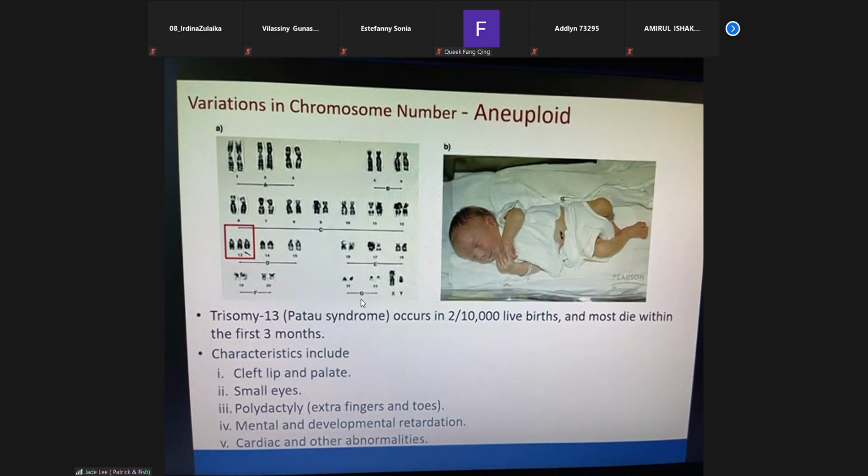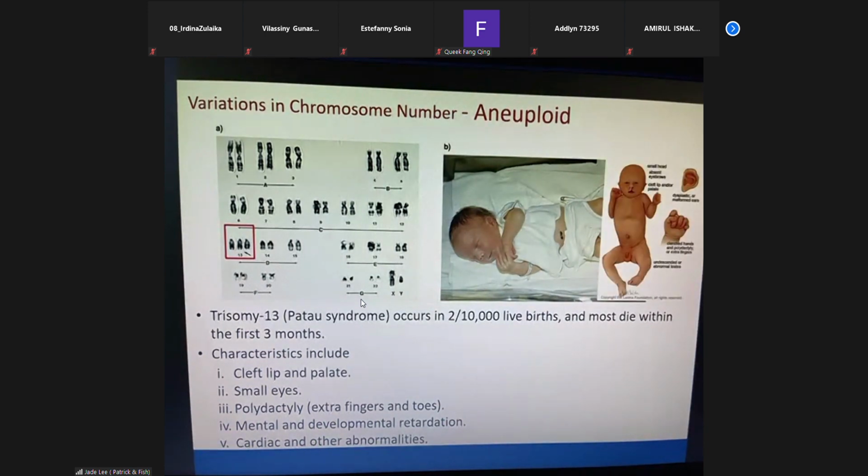Okay, the characteristics include cleft lip and palate, small eyes, polydactyly, that is extra fingers and toes, mental and developmental retardation, and cardiac and other abnormalities. Okay, contohnya dia ada extra lah. Okay, polydactyly, the cleft palate or cleft lip, and dysplastic or malformed ears. So this is the syndrome of trisomy, the Patau syndrome.